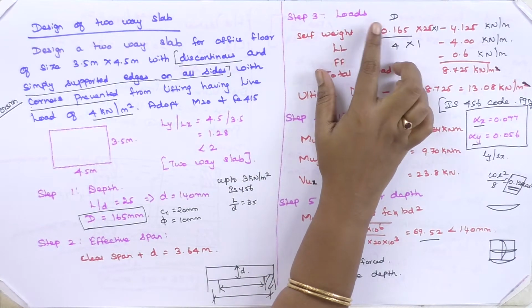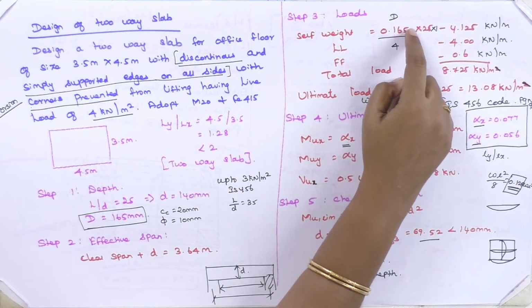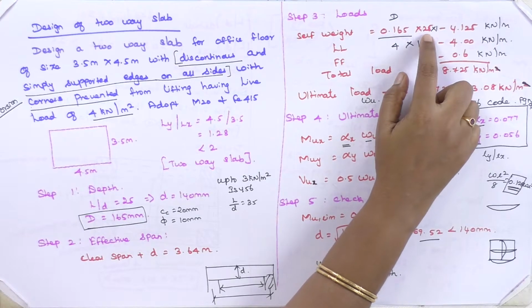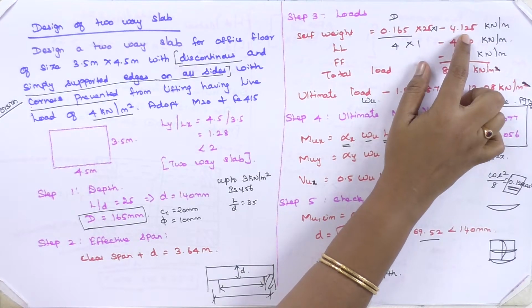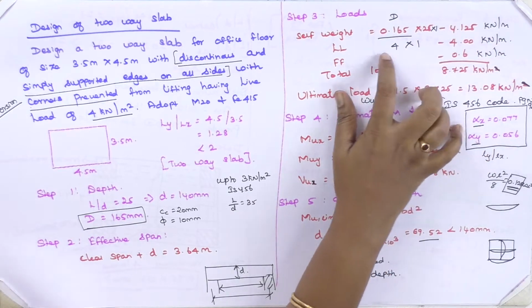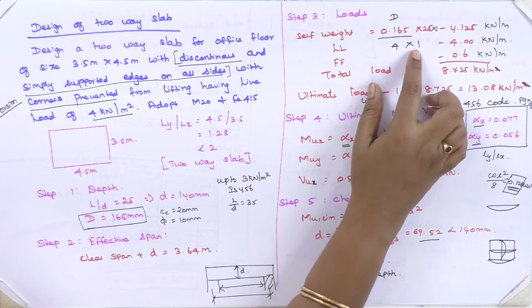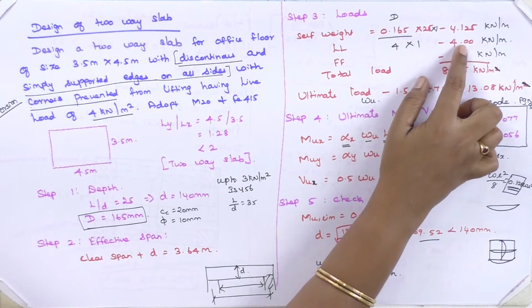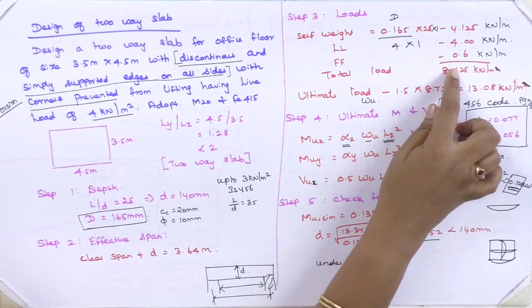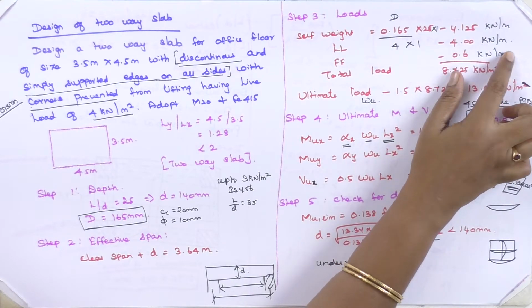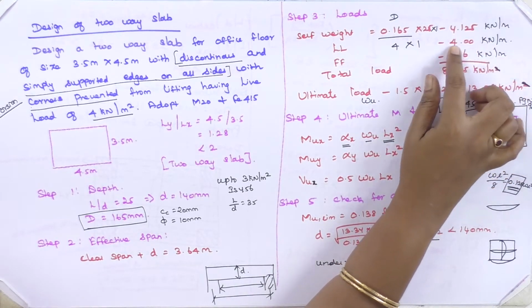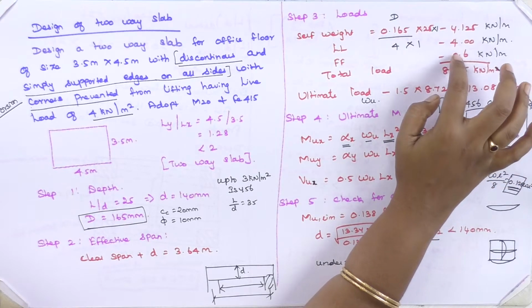Okay. Step 3, loads. Self weight, that is the thickness of your slab multiplied by the unit weight of concrete, so 4.125 kN per meter. Live load is given as 4 multiplied by per meter length, so it is 4. For finish you can take 0.6. This 0.6 is not a fixed value.